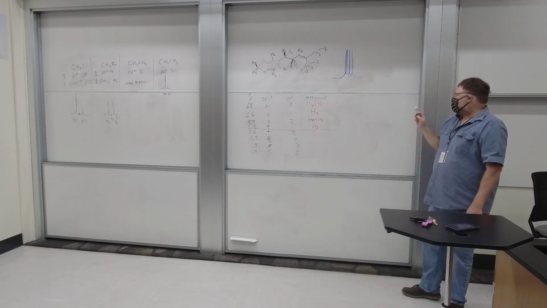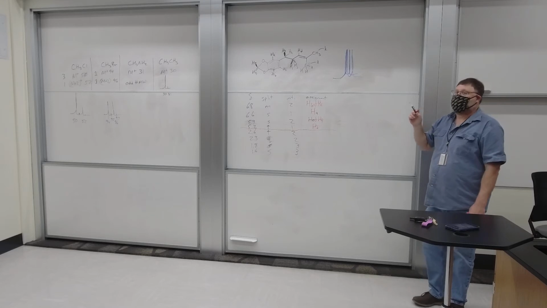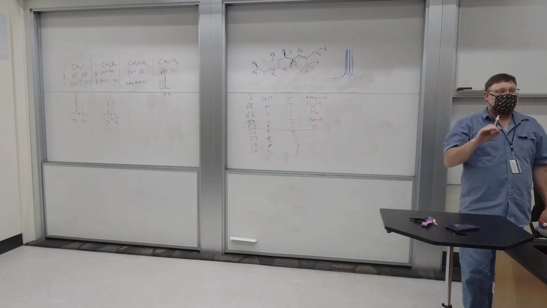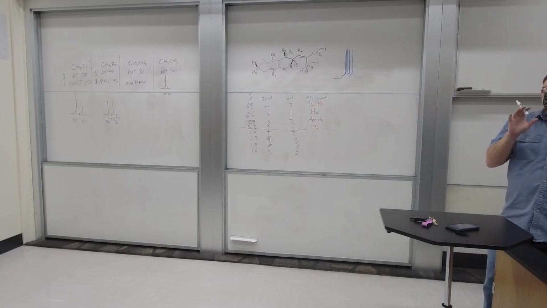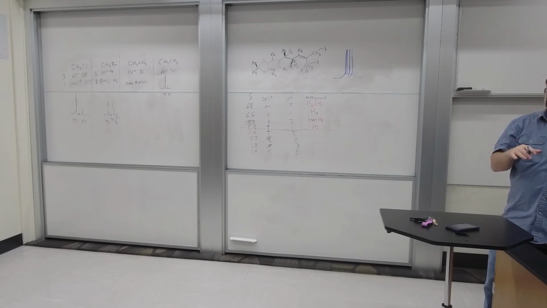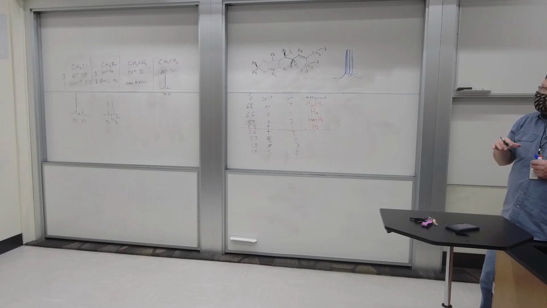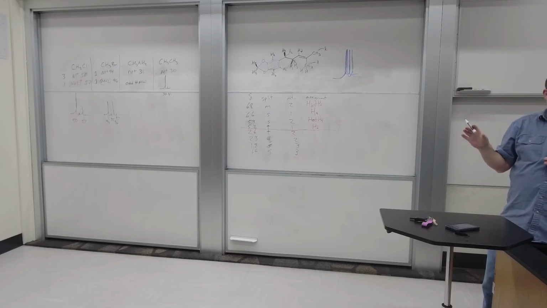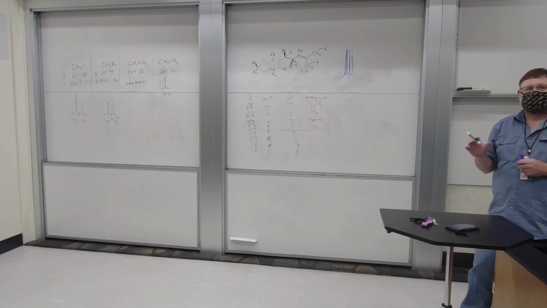Where were we? So E and F are enantiotopic. As a general rule of thumb, if the two protons, and it's not just protons, as we'll see in a minute, if the two groups are on the same carbon and they're not in a symmetric ring, or there's no chiral center, they're going to be enantiotopic.